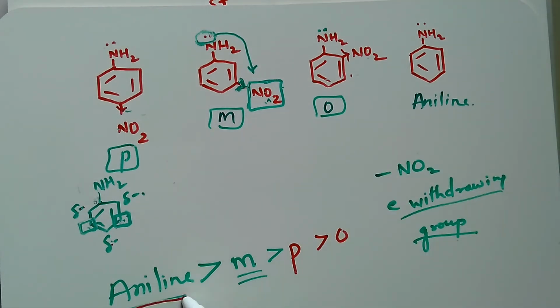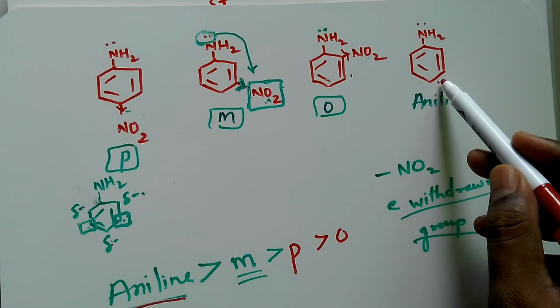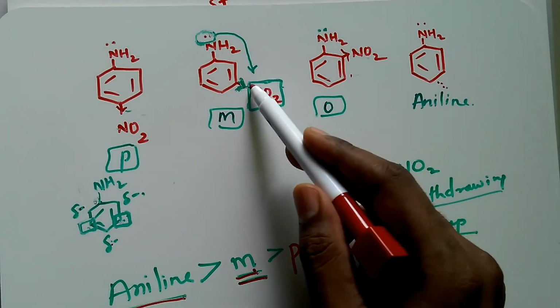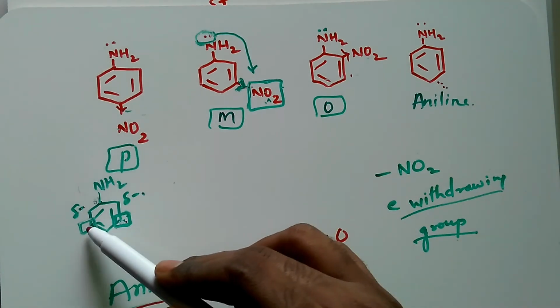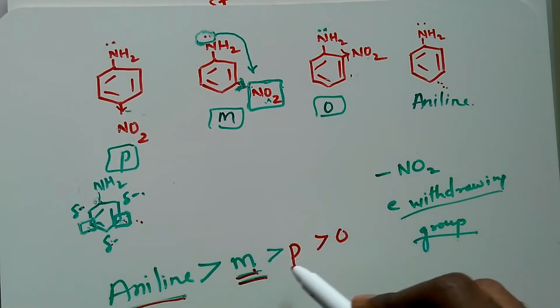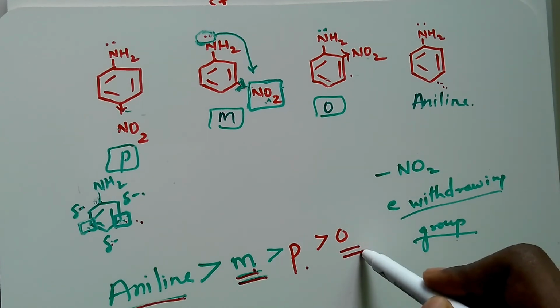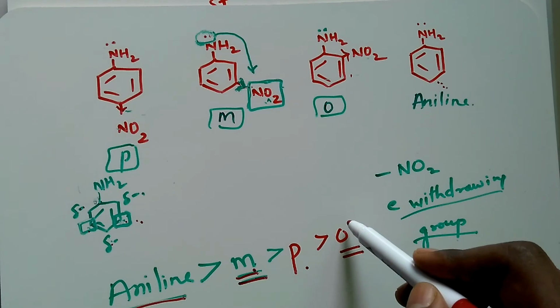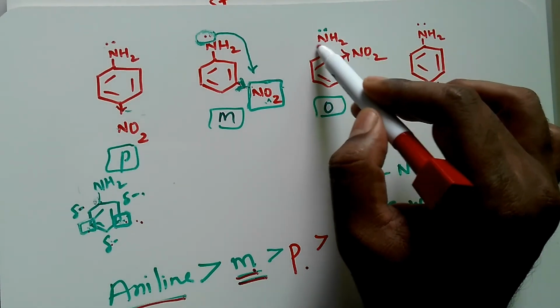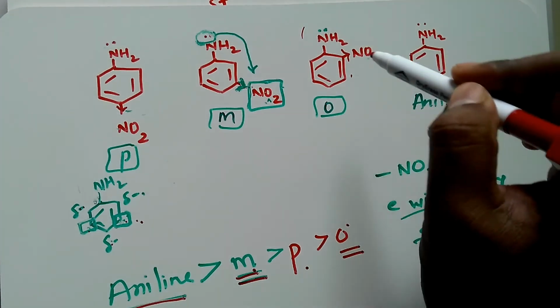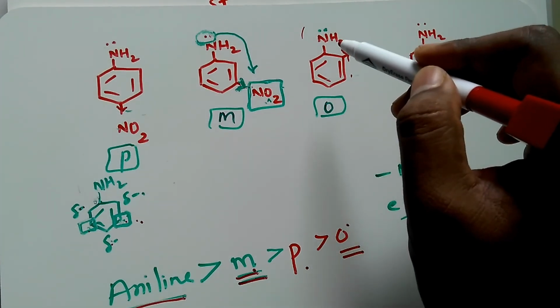So aniline is the most basic because it doesn't have an electron withdrawing group on itself, then followed by meta. Meta, the reason is it doesn't have electrons in the resonance hybrid, and then comes the para, and last is the ortho. The ortho is the least basic because of the ortho effect, because they are in close proximity, due to the steric effect and the electronic factors.